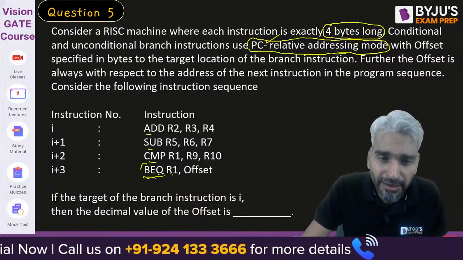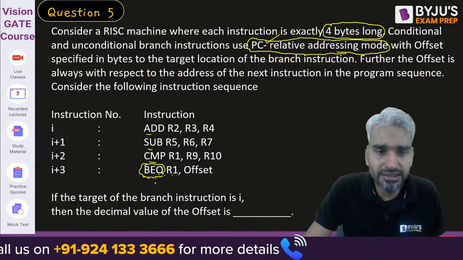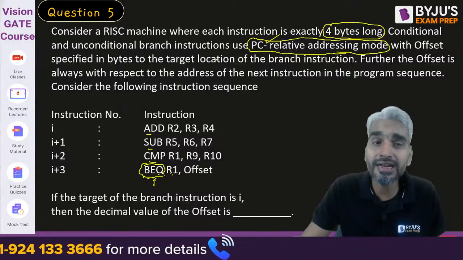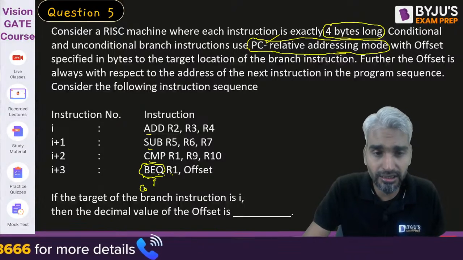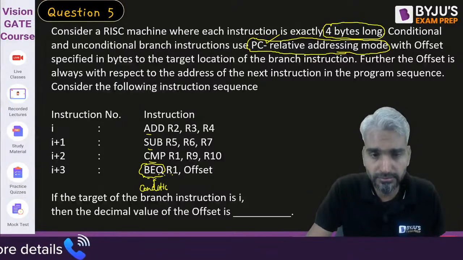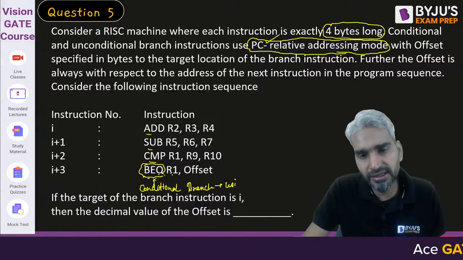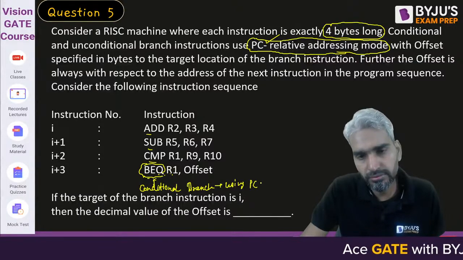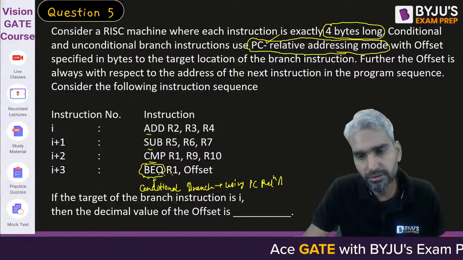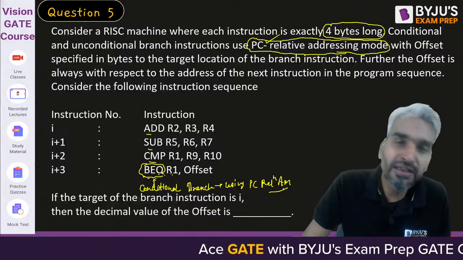So this is a branch instruction. It's actually a conditional branch instruction. So if it is a conditional branch, then definitely it is using PC relative addressing mode.